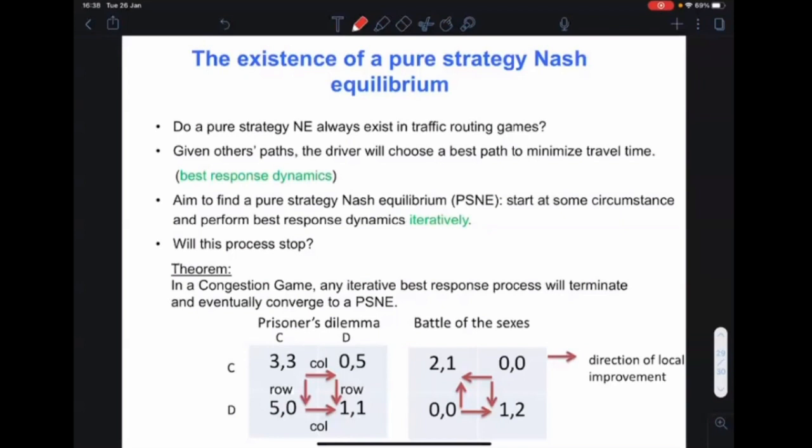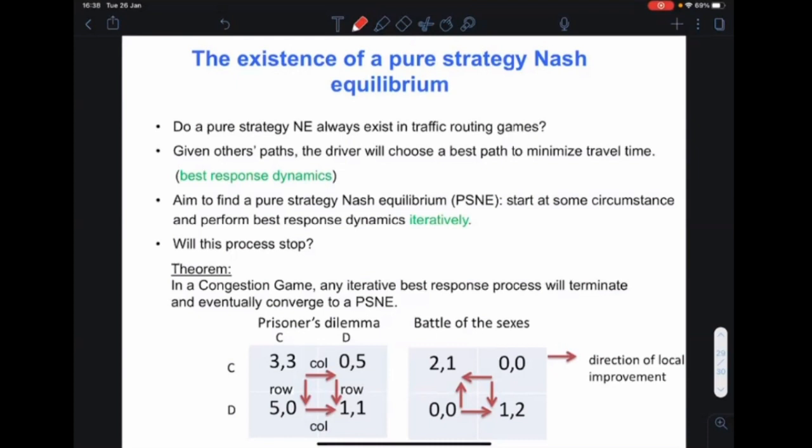Therefore, you can always say that there's a pure strategy Nash equilibrium, and so in the congestion game, any iterative best response process will terminate and eventually converge to a pure strategy Nash equilibrium. So this is another follow-up equilibrium theorem.